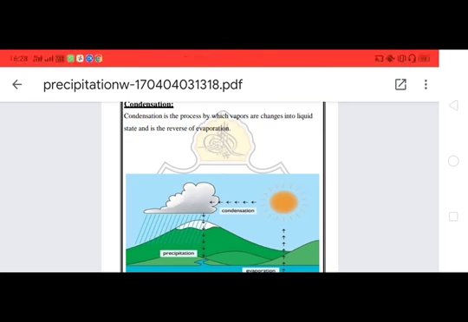This change in temperature makes the vaporized water saturate the air mass. Then water droplets are created.